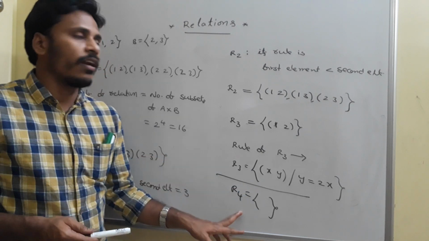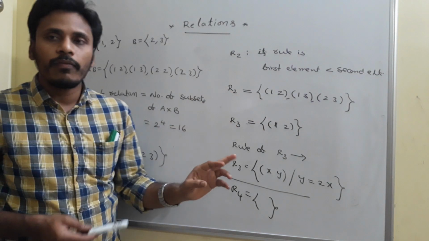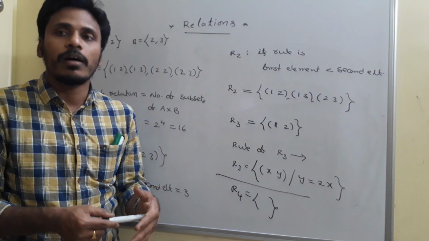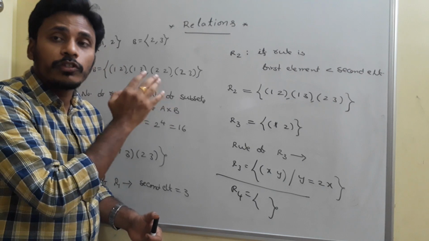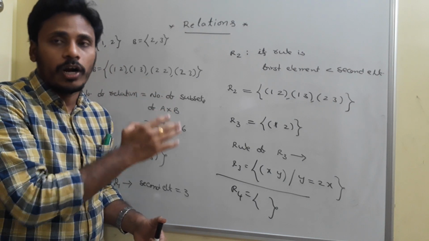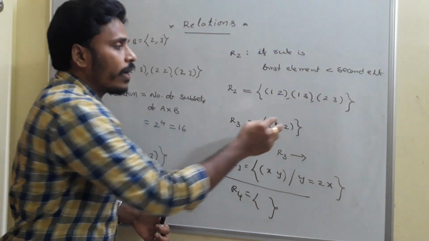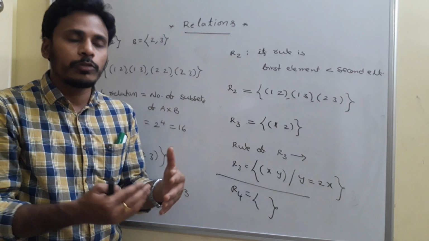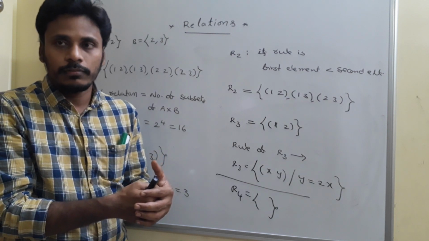Not only this empty relation, sometimes non-empty relations also have many rules. It depends upon the person who is observing. It is our view to observe the property satisfied by every ordered pair, so sometimes the ordered pairs will satisfy different rules. Sometimes there are possibilities to give two or more rules for a relation.